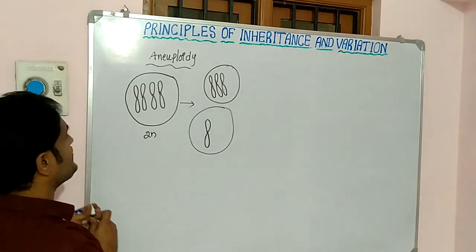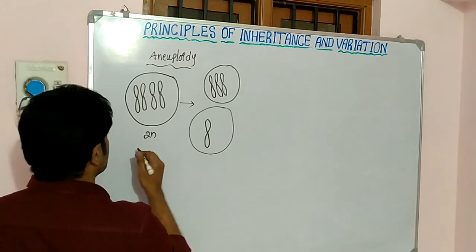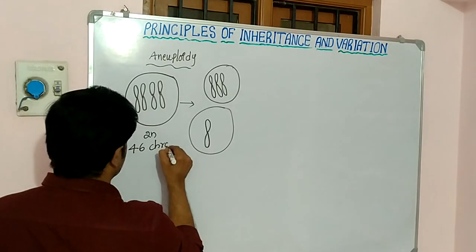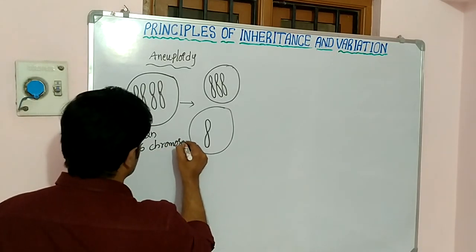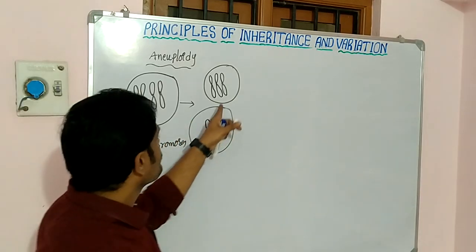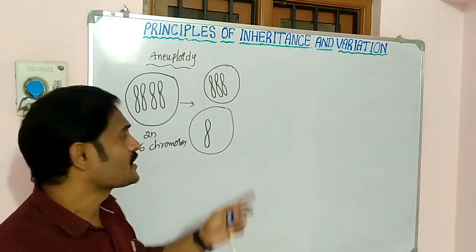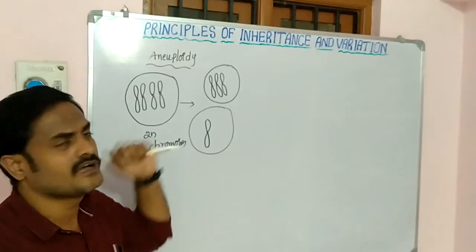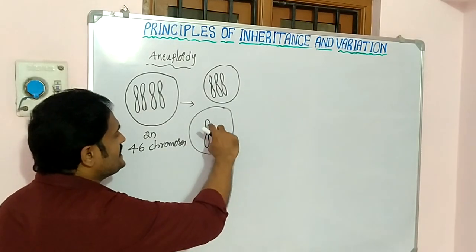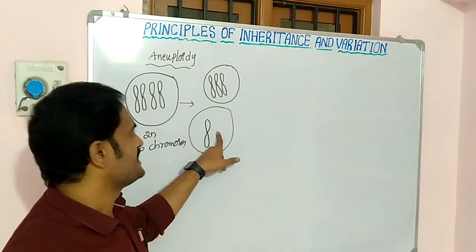Here, a normal cell consists of how many chromosomes? 46 chromosomes. Remember, 46 chromosomes. Here what will happen? There is no proper segregation of the chromosomes. So the cell lost one chromosome here.